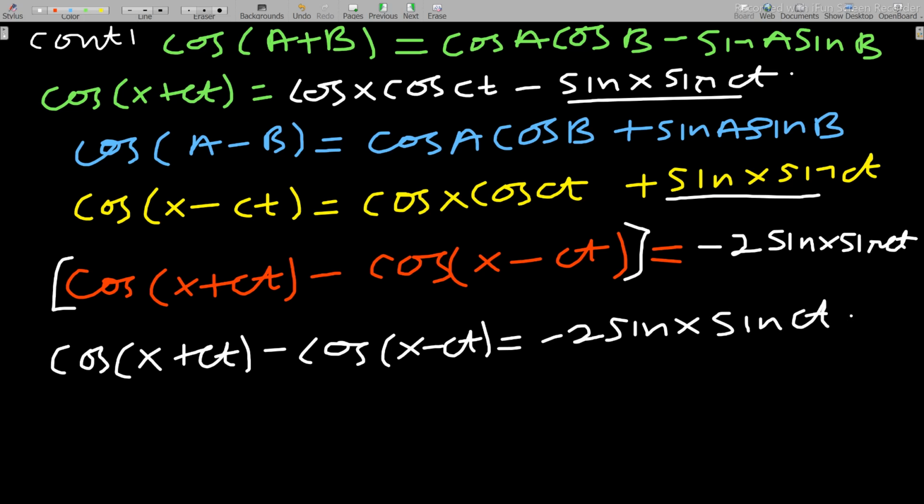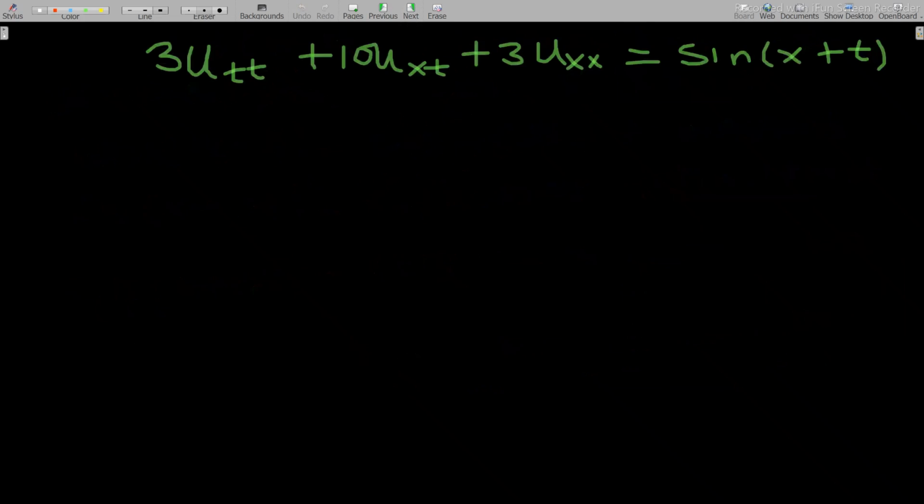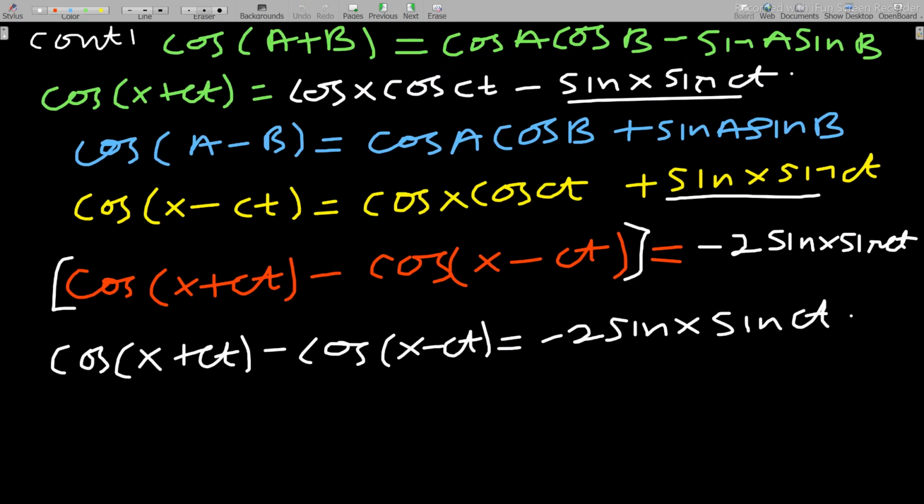So we come to our solution function and put that in. I have my u of (x, t) being equal to this. Let me push it to the top.